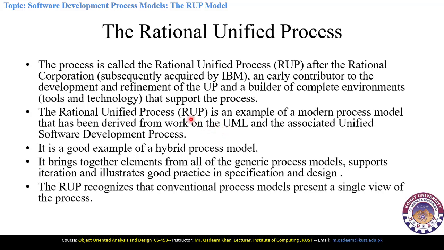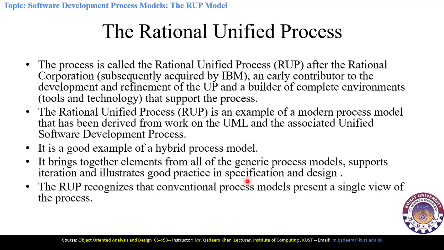Now, rational unified process model is a hybrid process model. The hybrid process model means that it also brings us to create generic models of the softwares, but also it helps us to support and illustrates the good practices in the specification of the designs and also in the specification of the requirements.